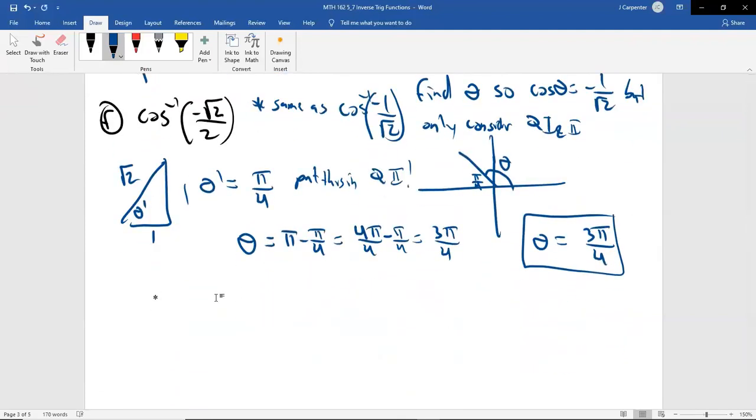So the little memo here is: if the inside of an inverse cosine is negative, the answer is in quadrant 2, and theta should be equal to pi minus the reference angle. That's the little shortcut sheet, whatever you want to call it, if you like to use that.